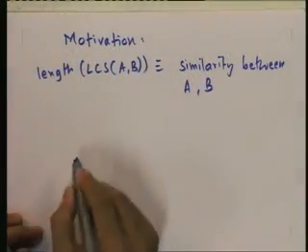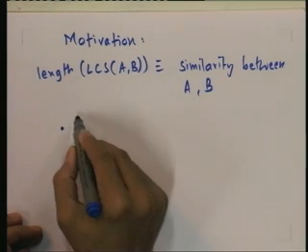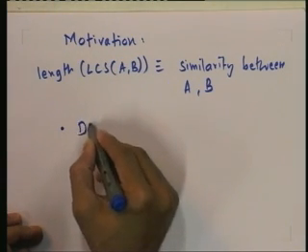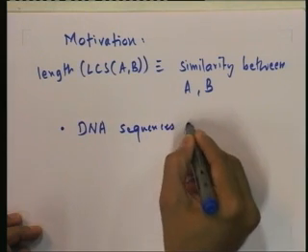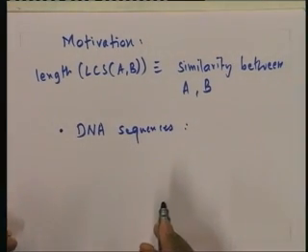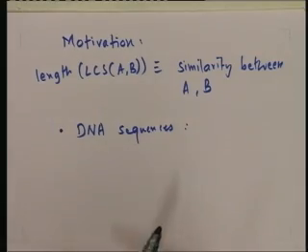You might ask, why do we care about string similarity? The answers to that are fairly well known and obvious, probably. Say we have two DNA sequences and we want to know, are they very similar? If they are very similar, maybe there is a common evolution in those sequences. And so, therefore, some measure of similarity is useful.